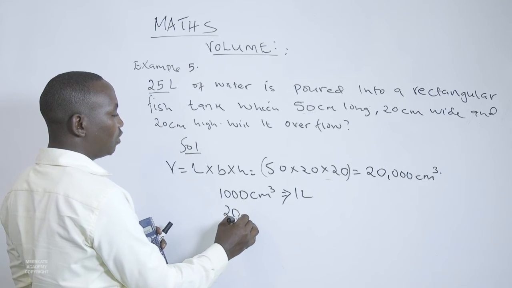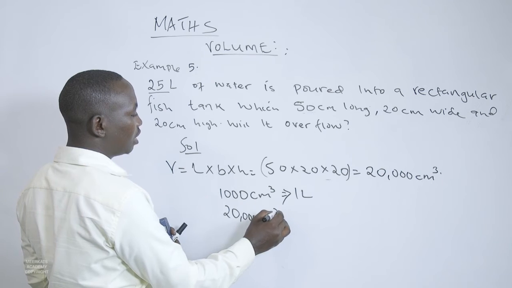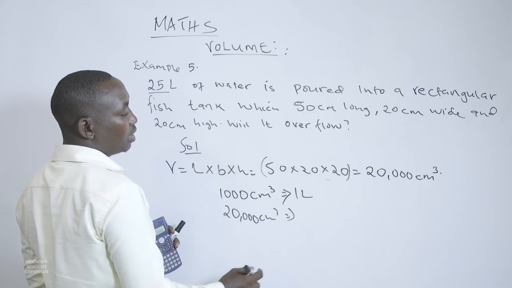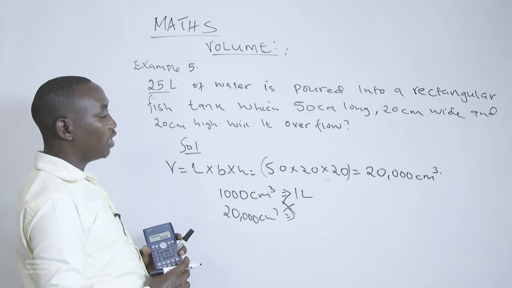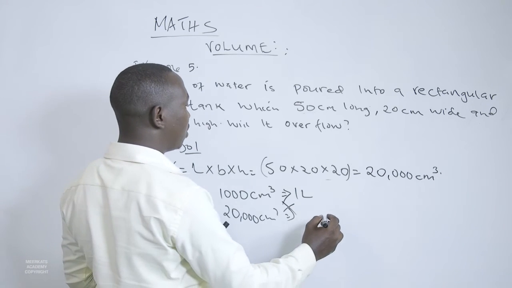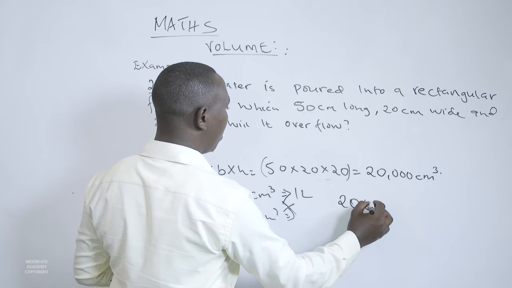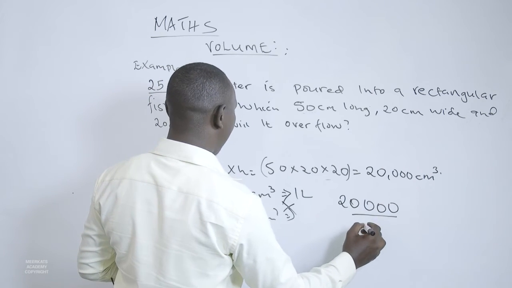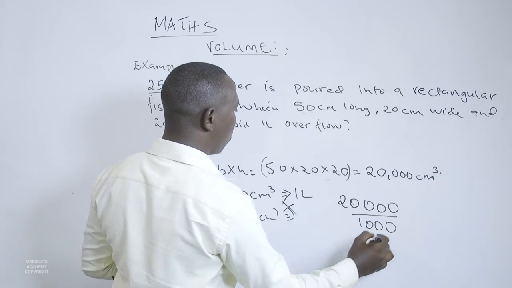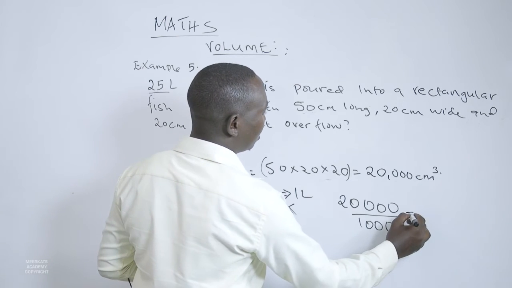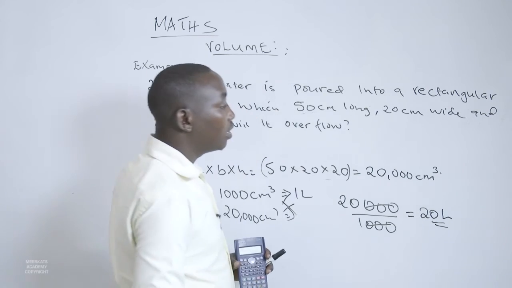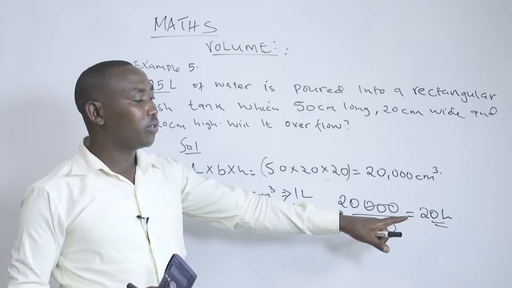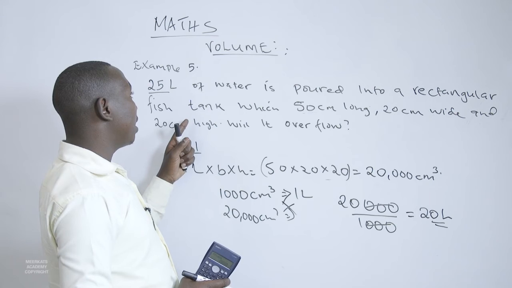Therefore, if we have 20,000 cubic centimeters, then this rectangular fish tank can hold water up to 20,000 divided by 1,000 liters, which shall give us 20 liters.